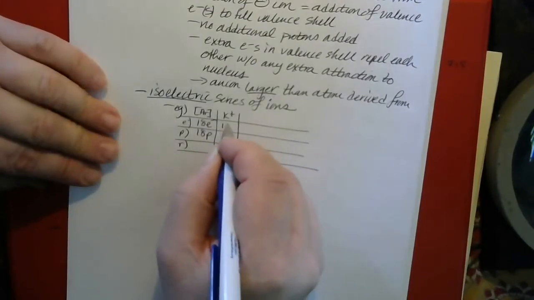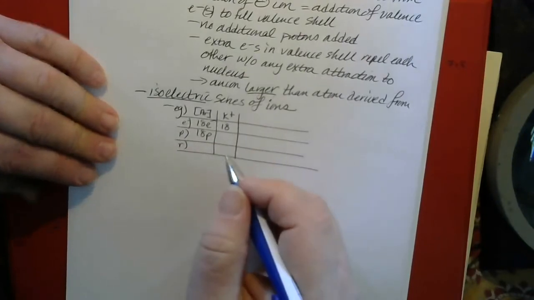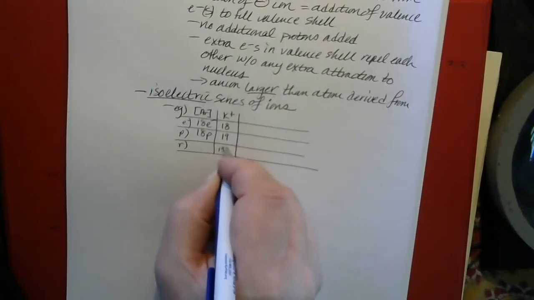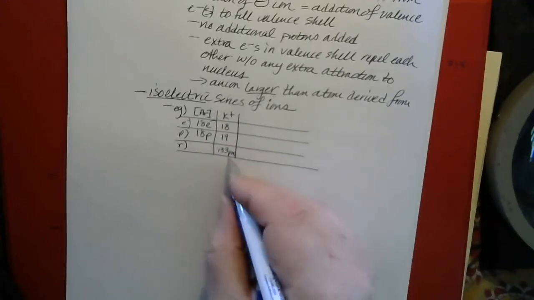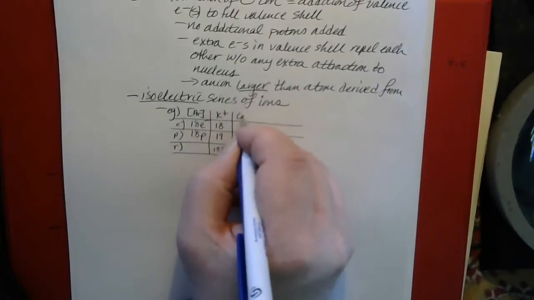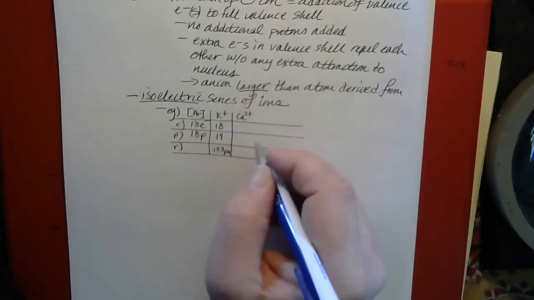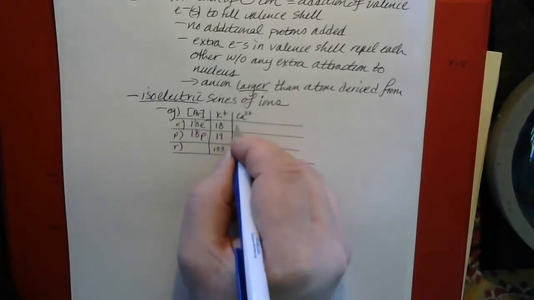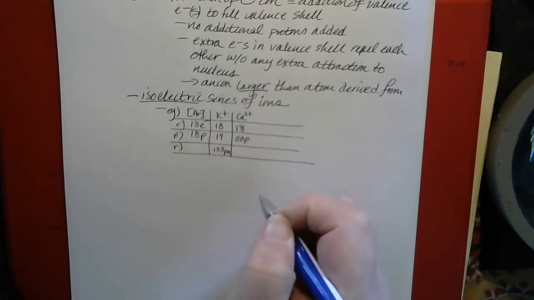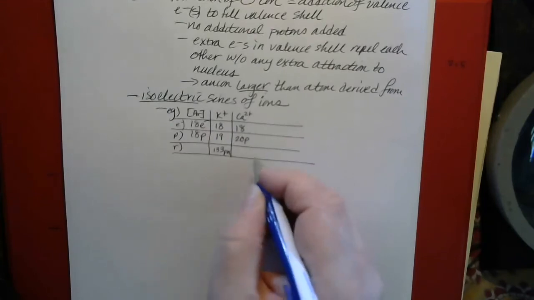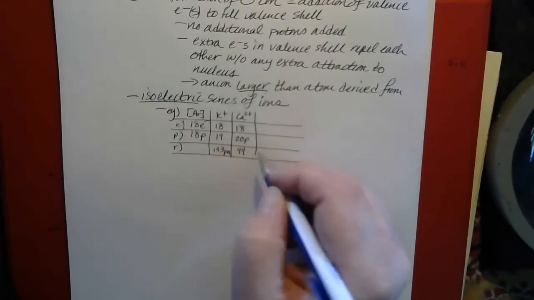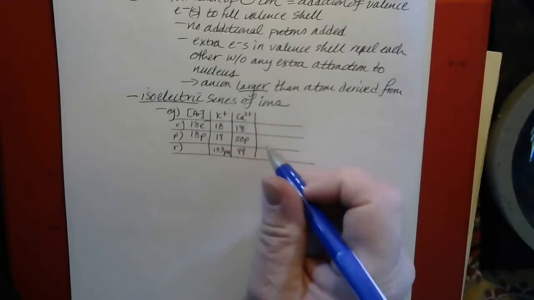Potassium plus has 18 electrons, but it has 19 protons, and it has an ionic radius of 133 picometers. Another isoelectronic ion is calcium +2. That also has 18 electrons, but it has 20 protons, and an ionic radius of 99 picometers.